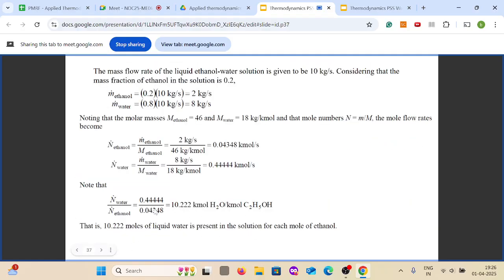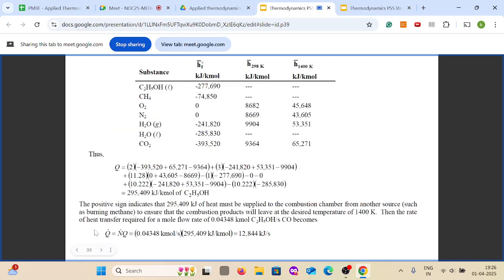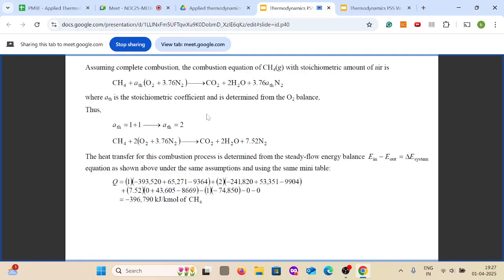For the given mass flow rate, the mole of ethanol is 0.04348. The heat required for this, we multiply the heat per kilomole by the number of moles of ethanol. So 0.04348 into the heat per kilomole of ethanol gives you 12,844 kilojoule per second. That is the heat which is required to be generated.